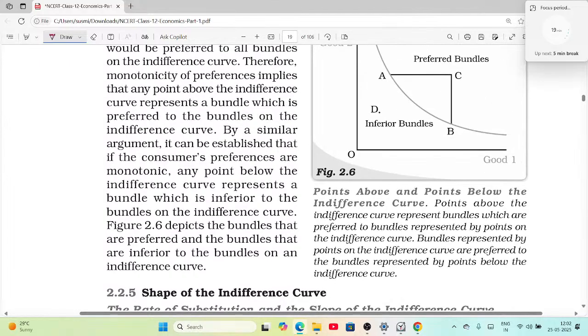And points below the indifference curve.